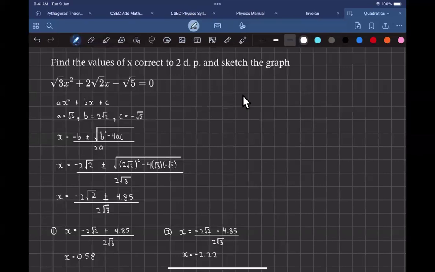So we understand that you cannot find the square root of a negative. When you pull out A, B, and C and plug them in over here, if you get a negative value inside the square root, what does that tell you?